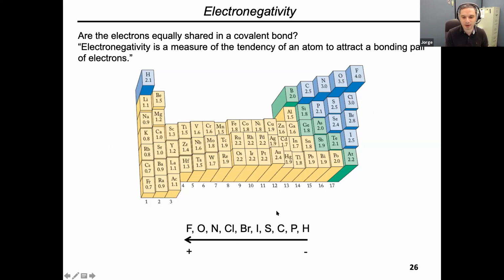And here is the order that we are going to follow regarding electronegativity. Fluorine, oxygen, nitrogen, chlorine, bromine, iodine, sulfur, carbon, phosphorus, and hydrogen is one of the lowest electronegative atoms in this series. Atoms on the left side are more electronegative than atoms on the right side. Okay.